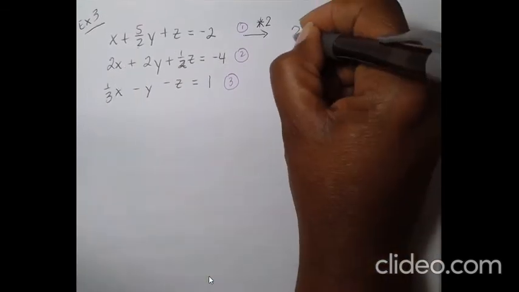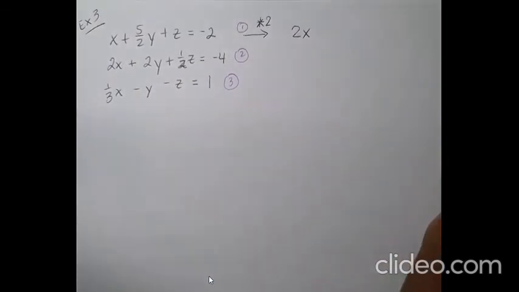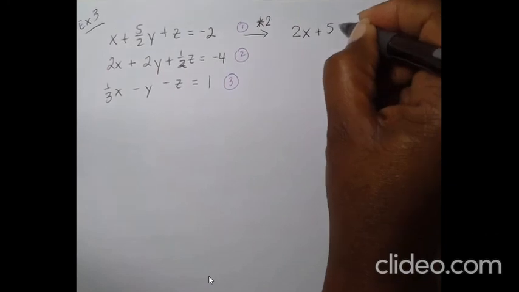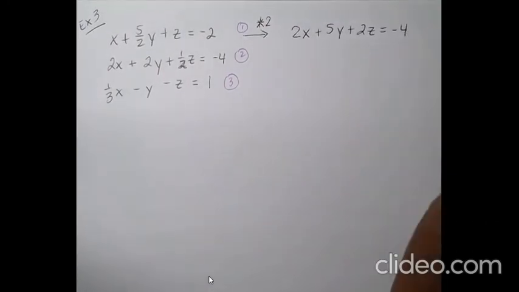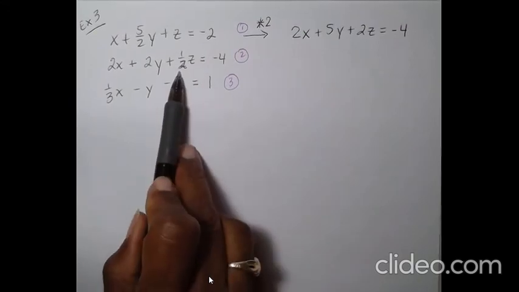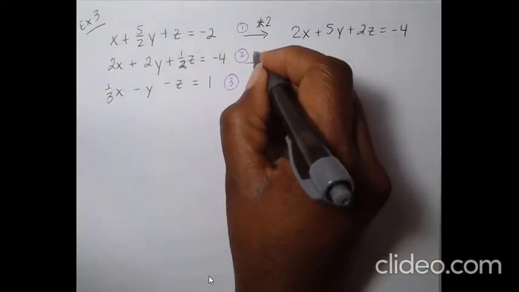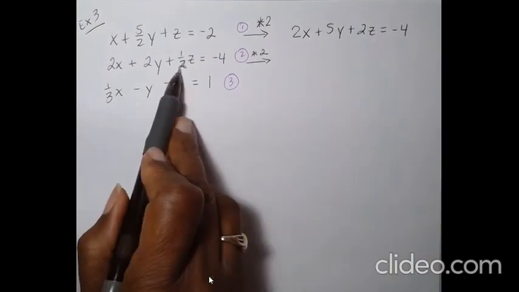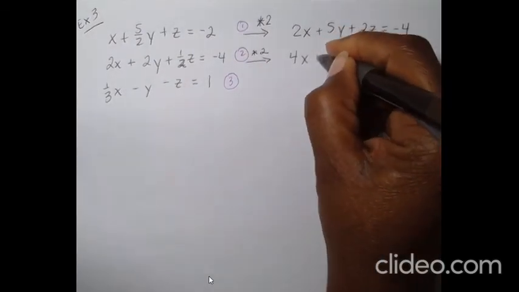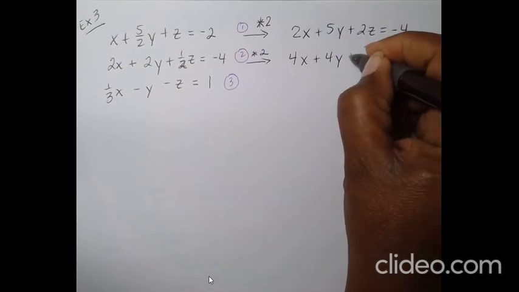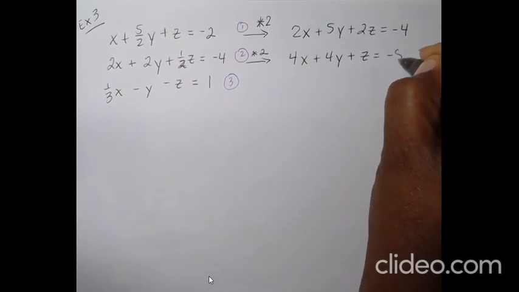So this equation becomes 2x plus 5y plus 2z equals negative 4. Then the second equation, we're also going to multiply by 2 because we want to get rid of this denominator. So we now have 4x plus 4y plus z equals negative 8.